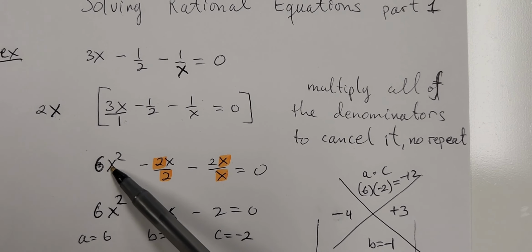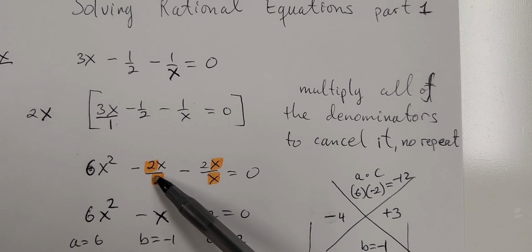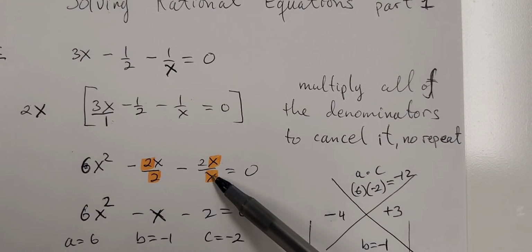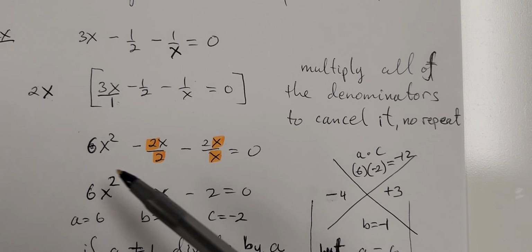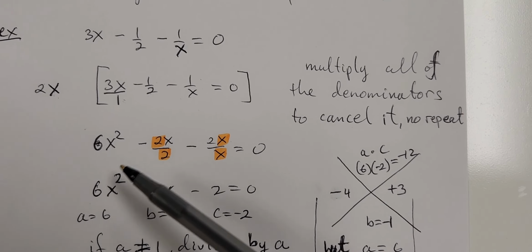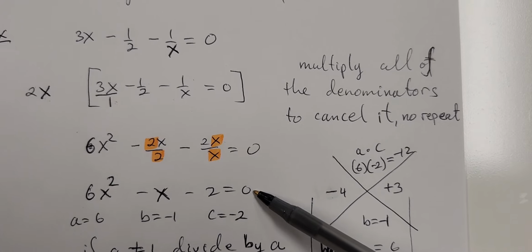Here the denominator is 1, so it's back to itself. The 2 cancels out, the x cancels out, and there are no more denominators. All you have left is 6x squared minus x minus 2 equals 0.